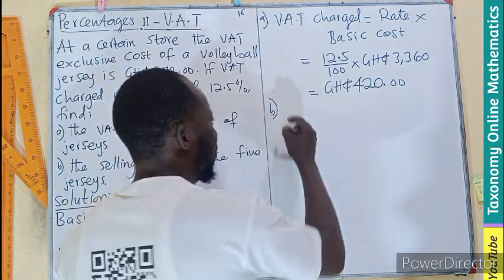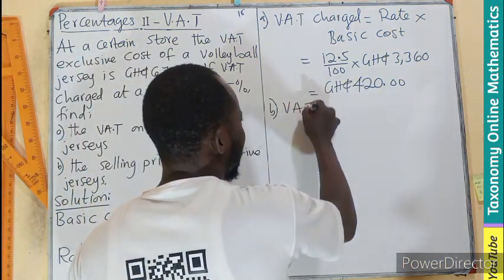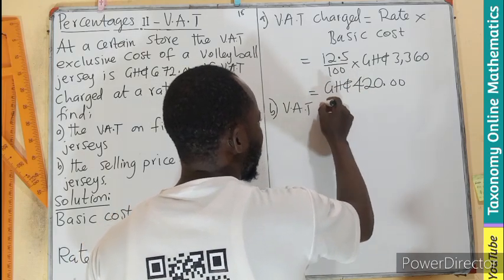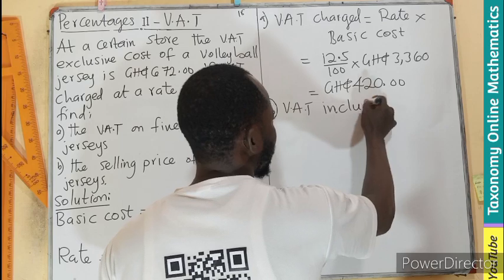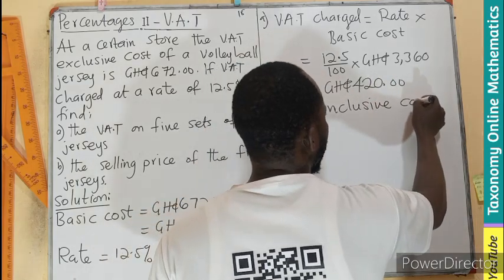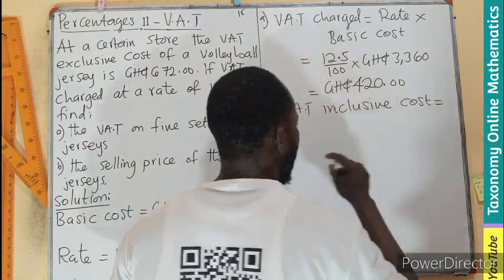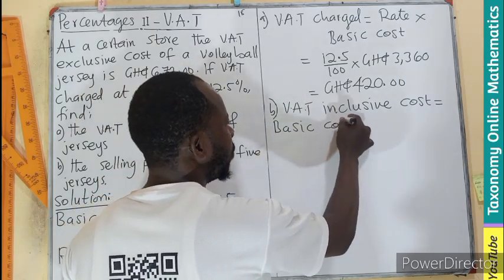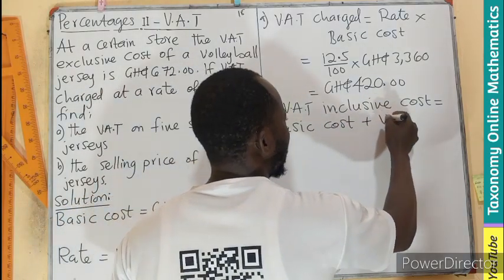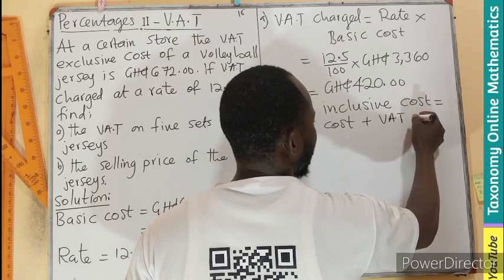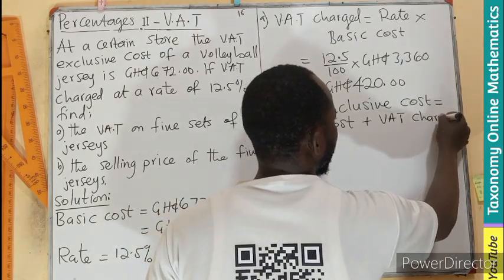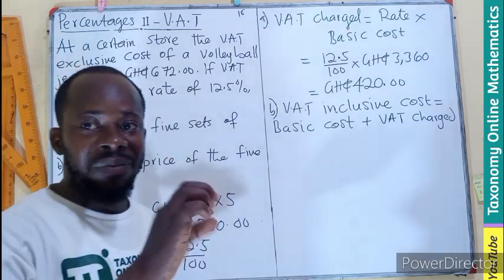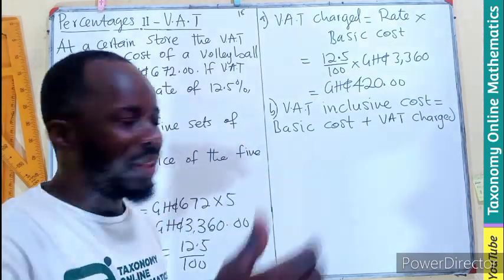What I mean is that the VAT inclusive cost should be equal to the basic cost plus the VAT charge, and this VAT charge is in value of money, not in percentage.